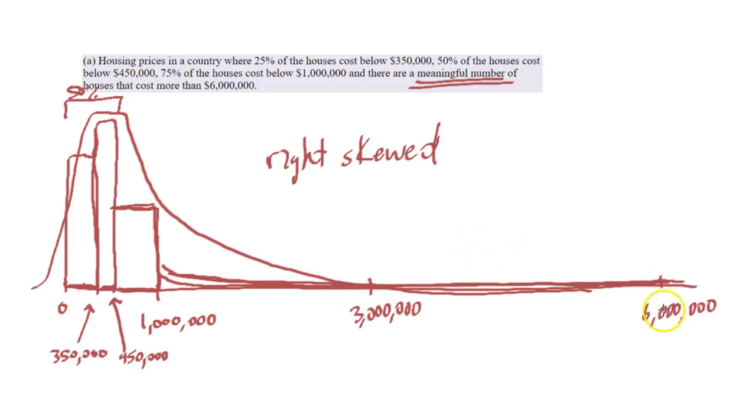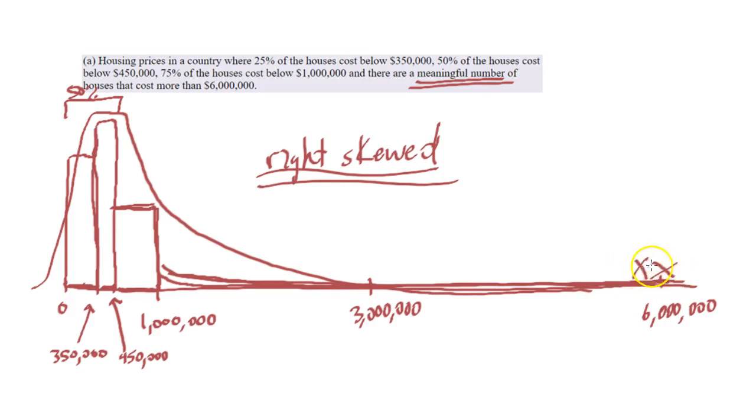From this, we can see the extremely expensive houses, just because it's right skewed, and that tells you the first part of the question. Just because it's skewed doesn't mean it will tell you the answer to median or mean. You have to look at more information in the problem. There are some extreme values that are big time outliers.